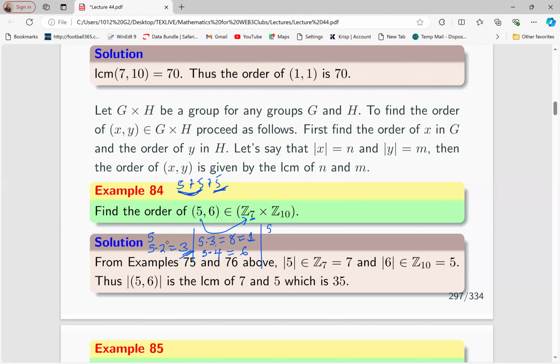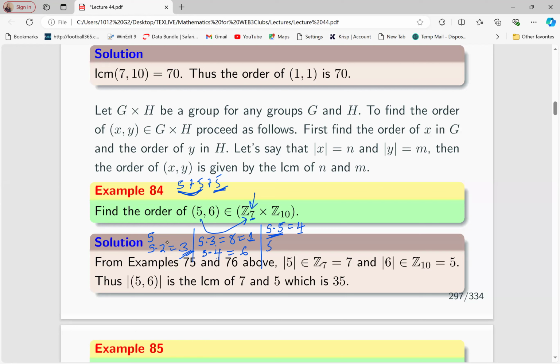Then what about 5 5 times? 5 5 times will be 5 4 times plus 5, which is 11 mod 7, that will be 4. Or if you want, you would just say this is 25. 25 divided by 7, the remainder would still be 4.